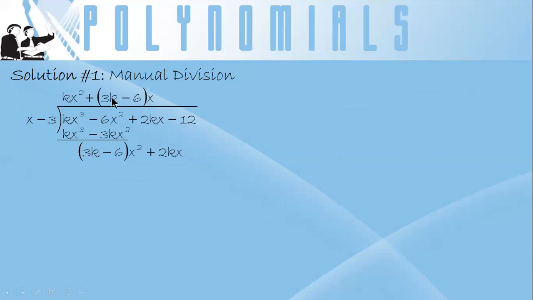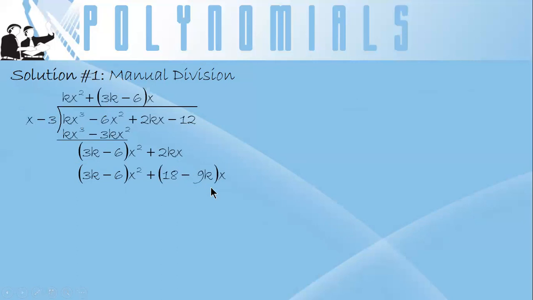Multiply: 3k times negative 3 is negative 9k, right? Negative 6 times negative 3 is positive 18. So we have 3k, negative 9k, negative 6, positive 18.